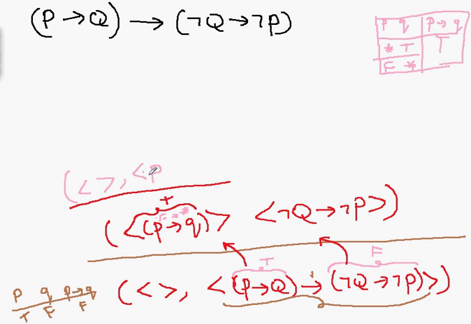P is false, comma, the remaining part I'll write as it is. P is false, and negation of Q implies negation of P is false, because we know that this part is true and this part is false. So this false remains as it is, and an additional false part will be added from the true part.